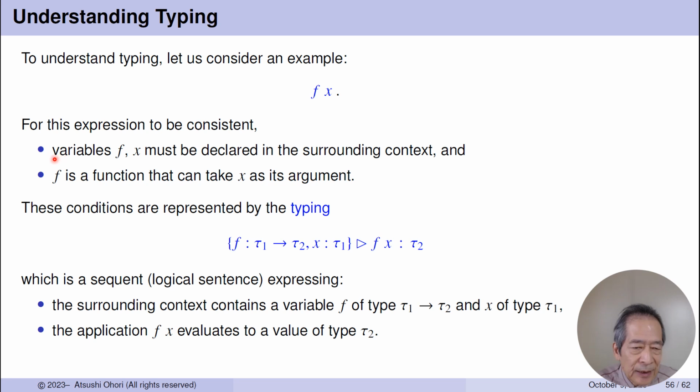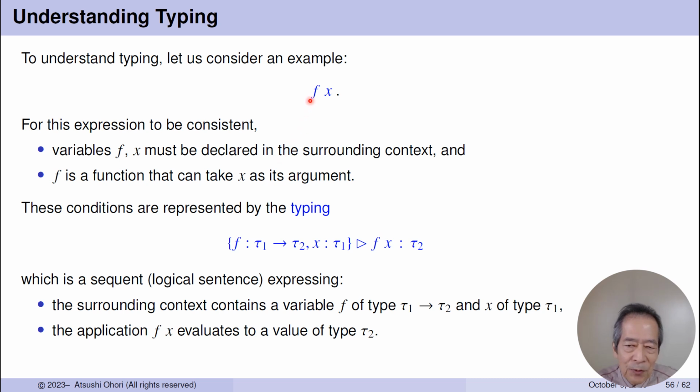First one is that the variables f and x must be declared in the surrounding context, because this expression alone doesn't have any meaning, because we don't know what f is, what x is about. So mentioning f means that there must be some definition or declaration of f, same as x. So the surrounding context means some larger part, some part before this occurrence of this expression.